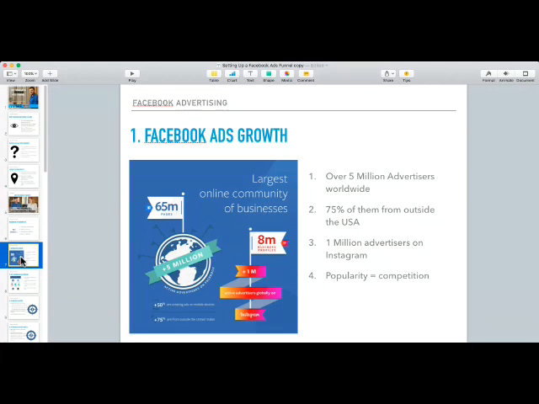But obviously with popularity comes competition. It's just a supply and demand thing. So what Facebook are really struggling with is finding enough ad units and enough space to cope with the influx of advertisers coming through.